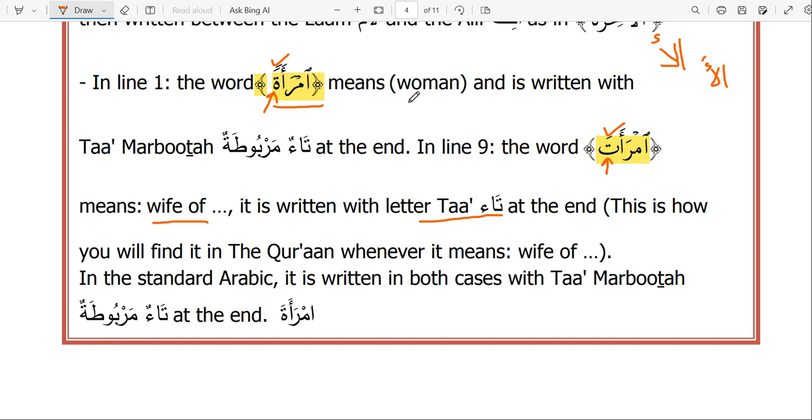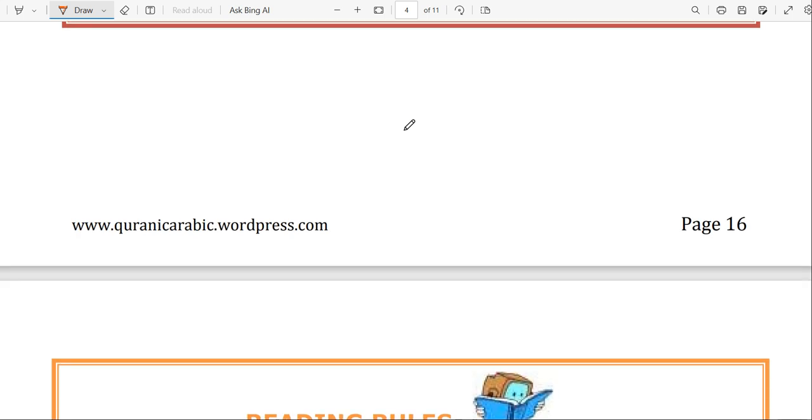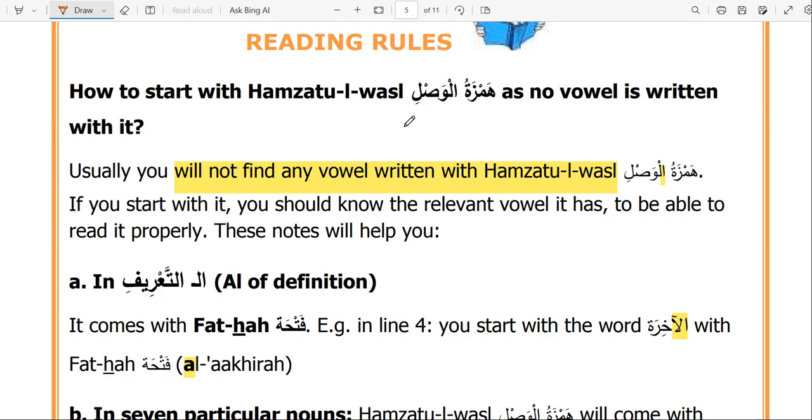And let's do the hamzatul wasl rules. So here comes the hamzatul wasl. As I have already told you, hamzatul wasl is a most important point. How to recognize it: you will not find any vowel written above the hamzatul wasl in standard Arabic. But in Quranic script, you will find a half sad over this alif.